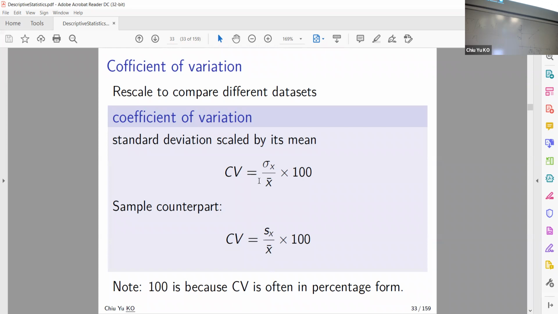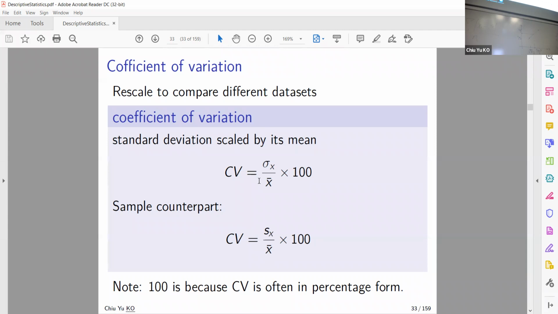Is it more diverse for the multiple choice or the long question? Are more people guessing on multiple choice or on the long answer? One way to look at it is the variance, but variance cannot tell too much because one is 30 marks and one is 70 marks. So the way to see which part has more variability is to divide by the mean.